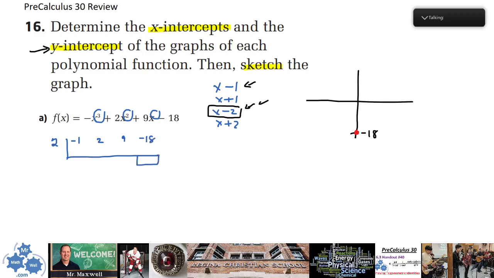This number that I end with here should be 0, so I'm going to anticipate that if I've done everything else correctly. So synthetic division: we drop down this number, we multiply, we add. Do it again. Multiply, add, multiply, add.